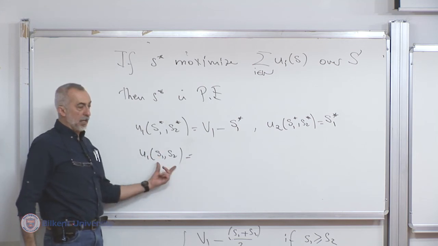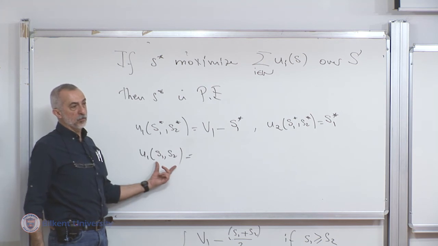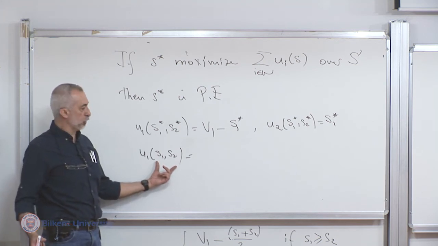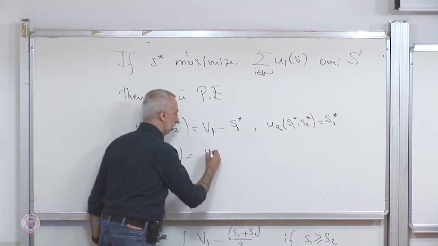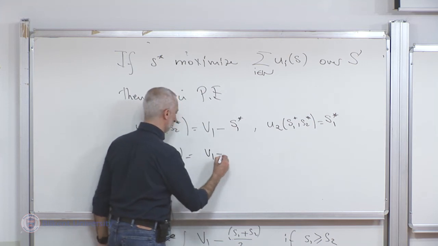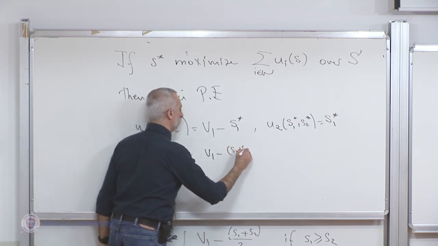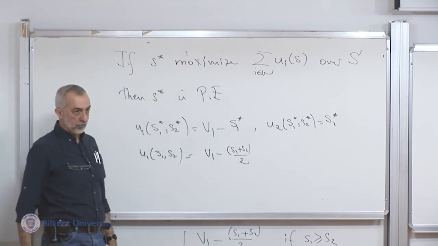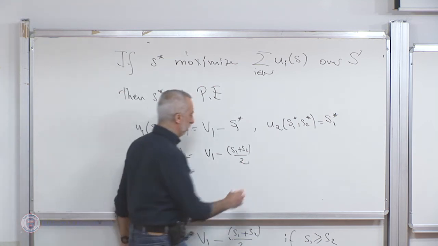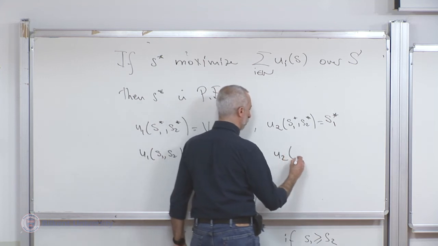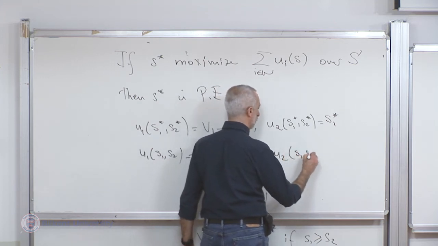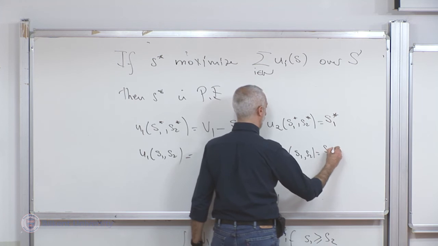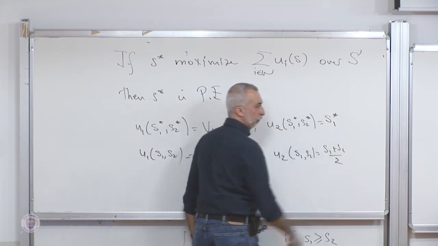Well, at this profile, agent 1 could be the winner of the auction. In that case, this is V1 minus S1 plus S2 divided by 2. Okay? And in that case, U2 of S1, S2 is going to be S1 plus S2 over 2.